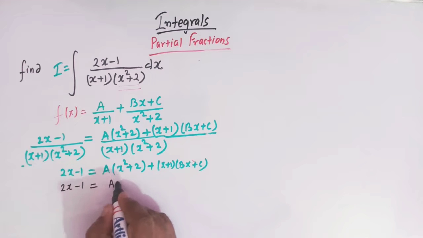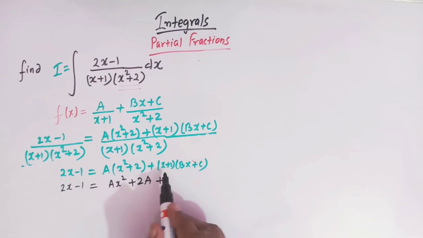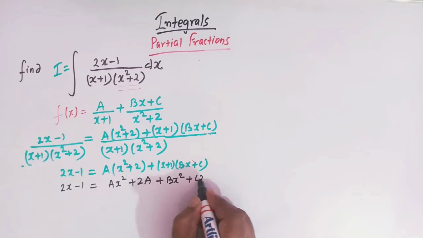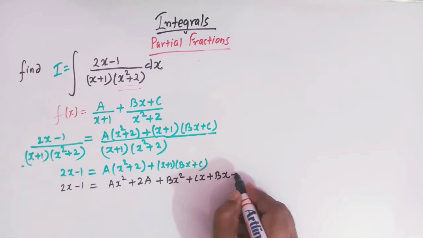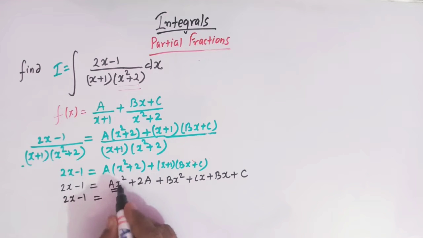Here we can write ax square plus 2a, and c. Here we have two binomials. So if we multiply, then we get bx square plus cx, and then plus bx, and then we have c, right?